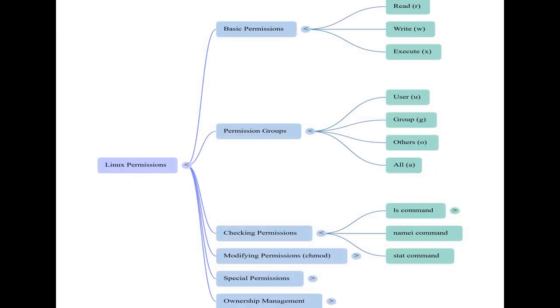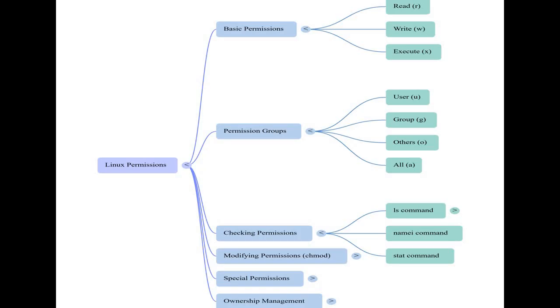The users in Linux operating system are divided into three categories. One is user or owner of the file. G stands for group. Third category of user indicates others. Usually, user is nothing but the owner of the file, that is the person who created or owns the file.